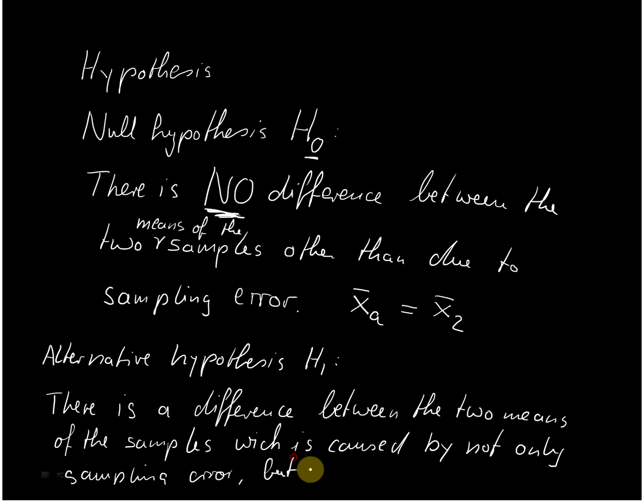But also another effect. For example, that this is not from the same population, that they are basketball players and the other ones are normal students.